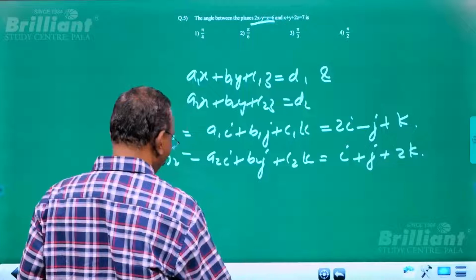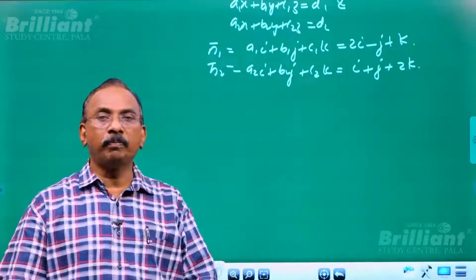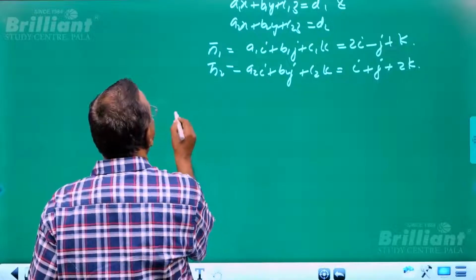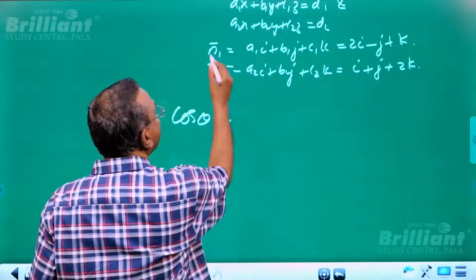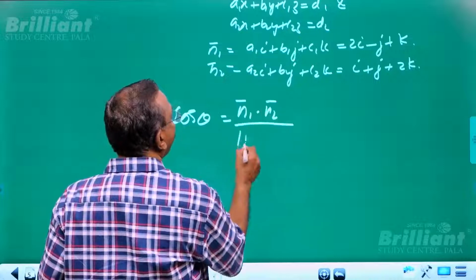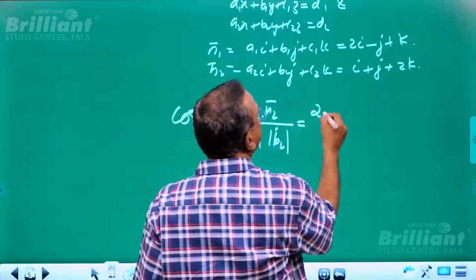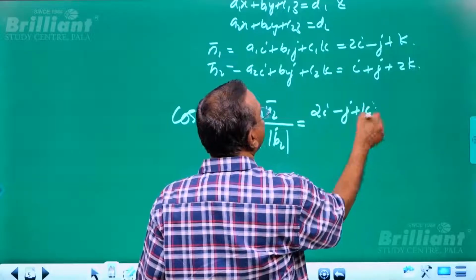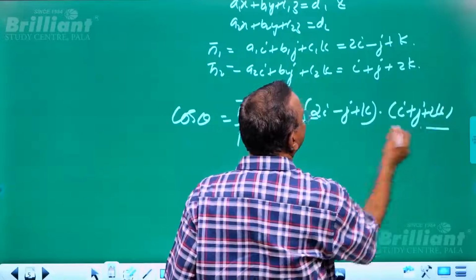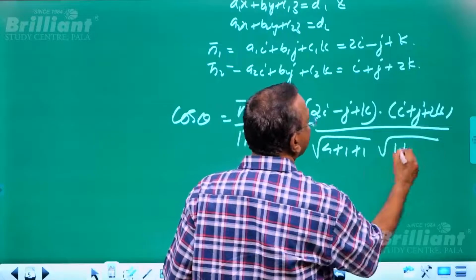Now, the angle between the planes is the angle between the normals. Therefore, cos theta, if theta is the angle, is n1 bar dot n2 bar divided by mod n1 bar mod n2 bar. So it is equal to 2i minus j plus k dot i plus j plus 2k, all divided by square root of 4 plus 1 plus 1 into square root of 1 plus 1 plus 4.